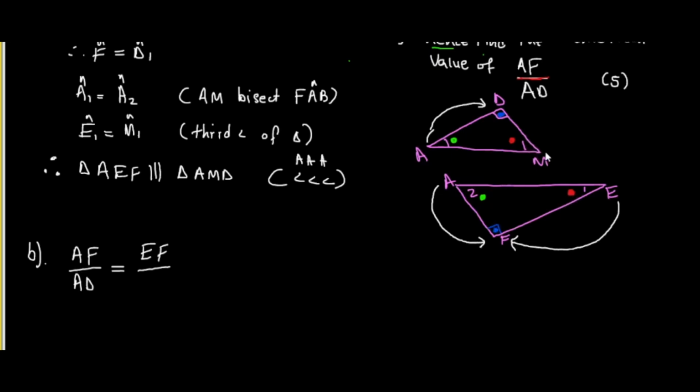Even this side, I should move from the red to the blue one, which is MD. So this will be MD. I'm going to equate these two. Then I can move from AE, which is green to red. Even this side, I should move from green to red. So AE over AM.